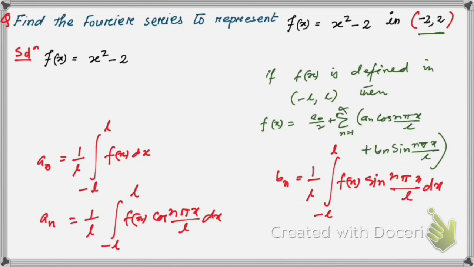That's what you will get. Now what if f of x is an even function or an odd function? Let me copy these things and take a new slide to explain them.